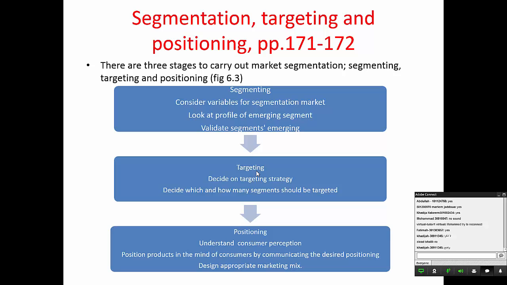Or sometimes the companies want to put their product at the bottom of the market. Why? Because they want to sell the product at a cheap price. When you want to sell your product at a cheap price, then you will not take care of the quality, the differentiation or any other thing.